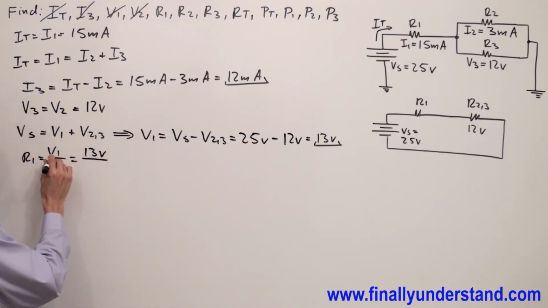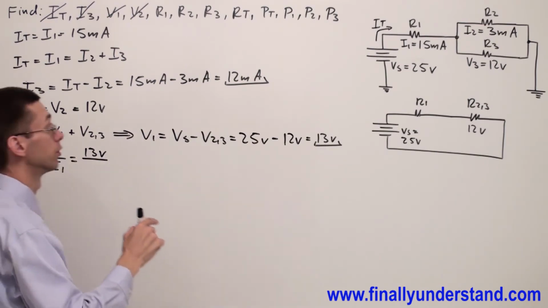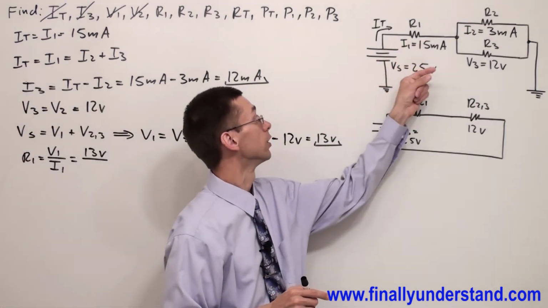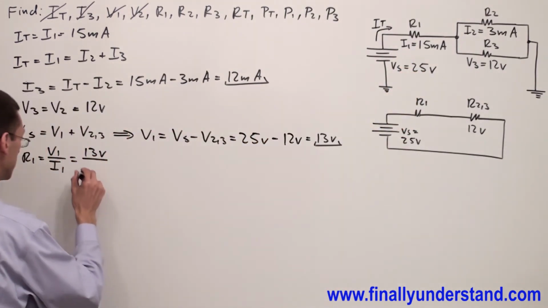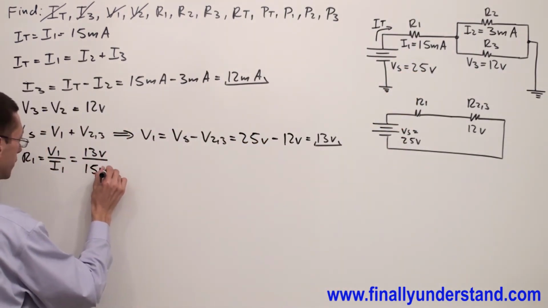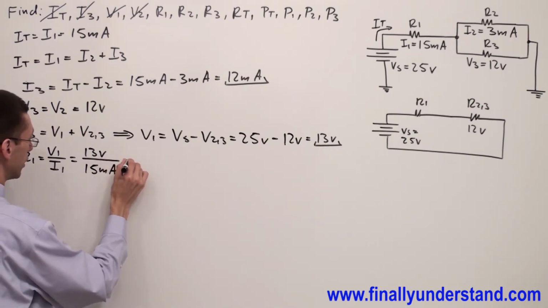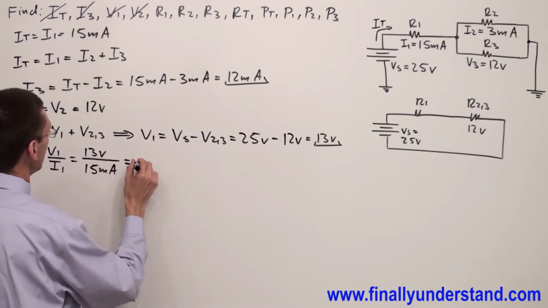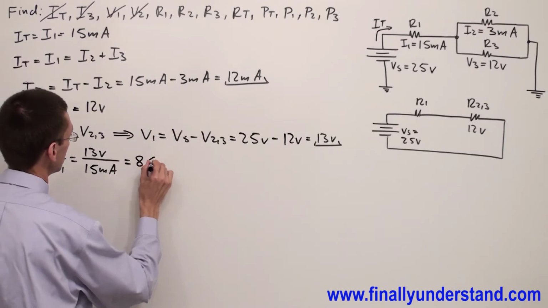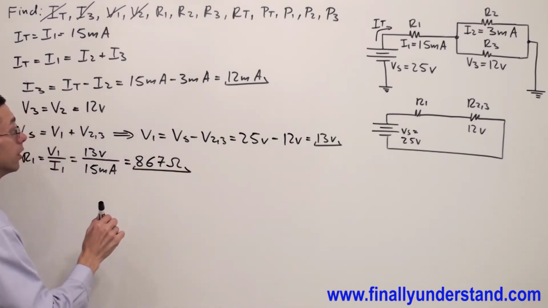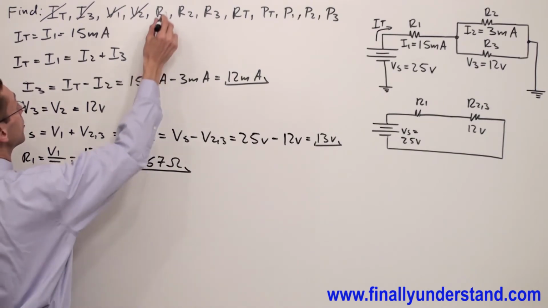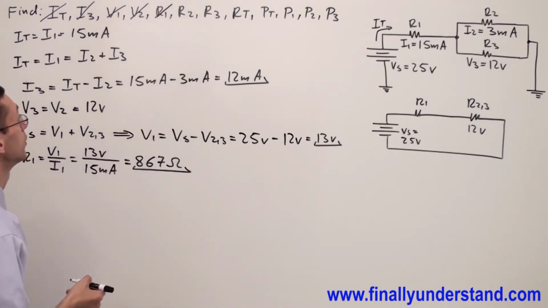So this is voltage across resistor R1, divided by the current which goes through this resistor, 15 milliamps. This is equal 867 ohms. Okay, so this is the resistance of my resistor R1. Okay, let me cross this out because we found it.